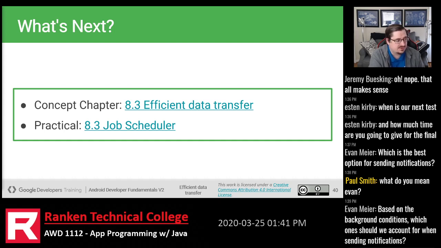That's how I'm going to specify the conditions. Then the job service that I implement will use Volley to actually send the request and check. Once I get the response back, I can analyze that and see if there's new data and then send the notification at that point.